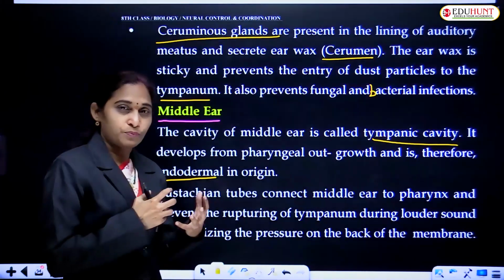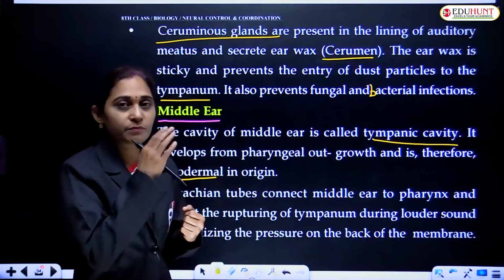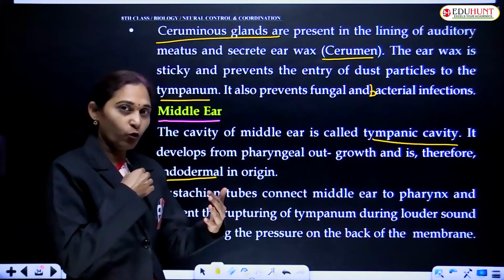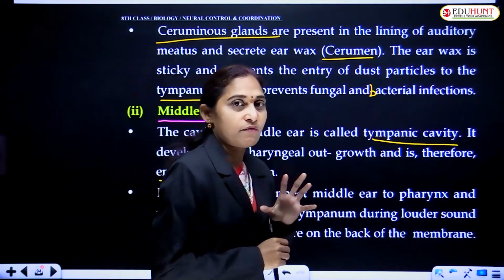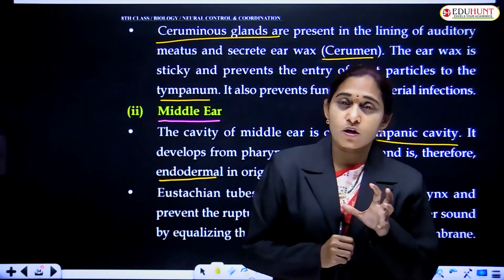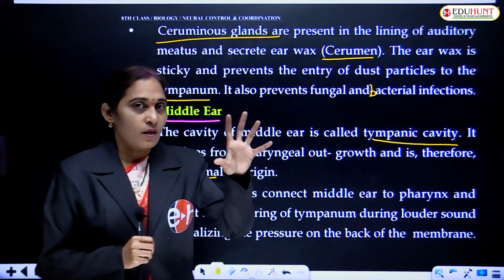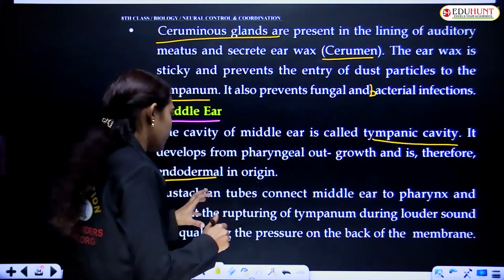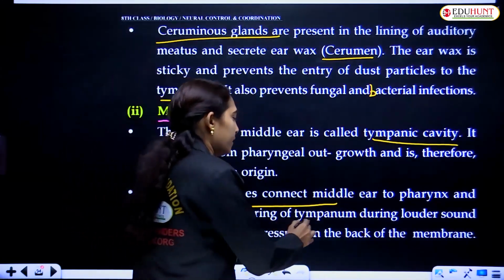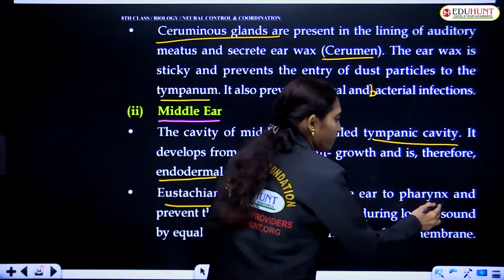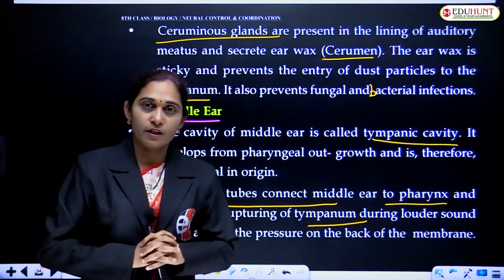Whenever there is a loud sound, the eustachian tube, the tympanum and the pharynx are all in connection with each other.